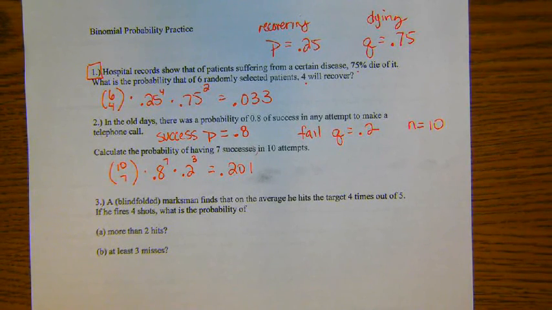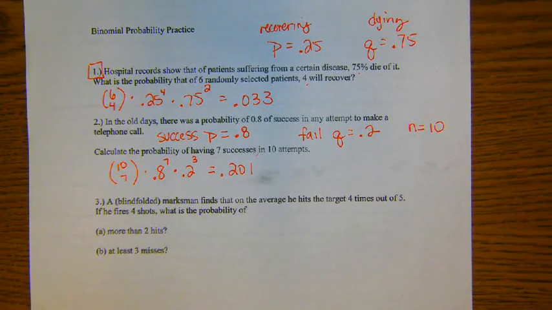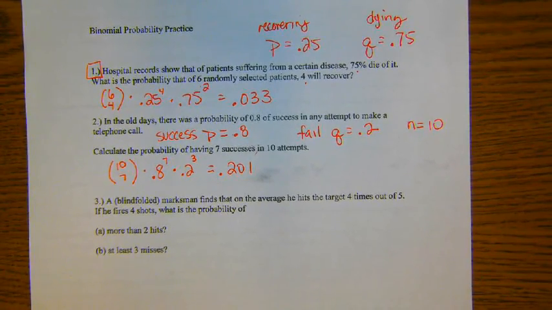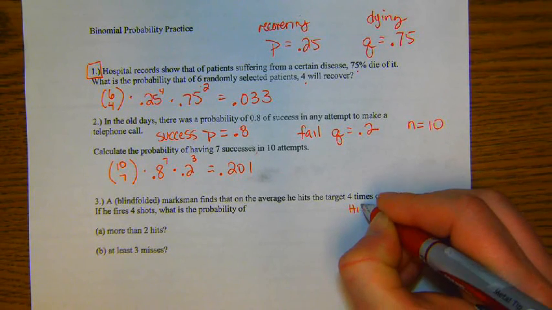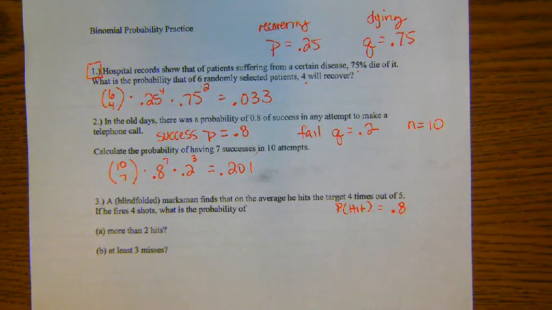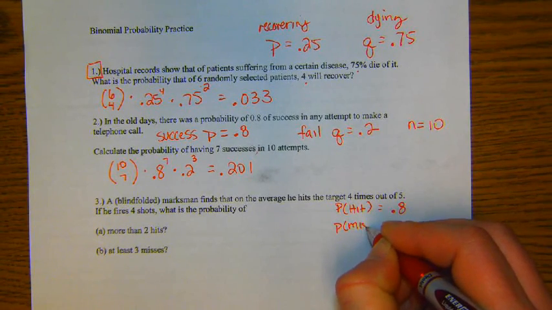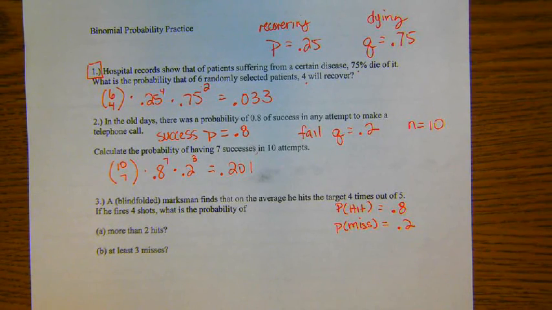Okay, in number 3, let's try to find out P and Q here. Let's say that P is the probability that the marksman is going to hit the target. What is the probability that he's going to hit the target? Once again, it's 0.8, right? Or 4 out of 5. And the probability he's going to miss the target then would be 0.2. Okay.